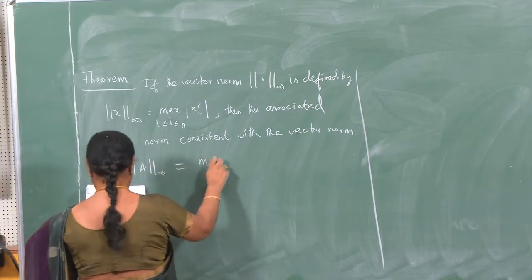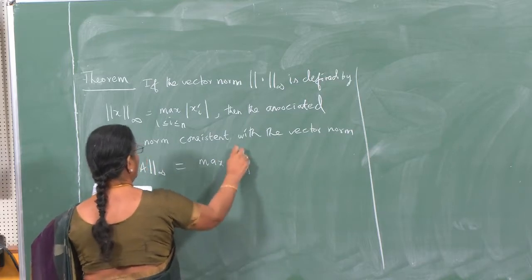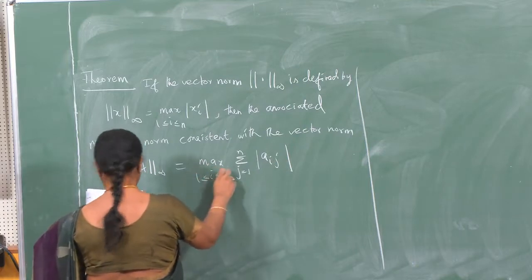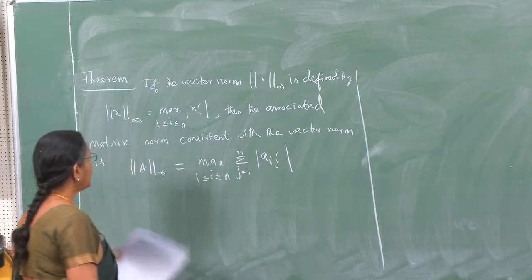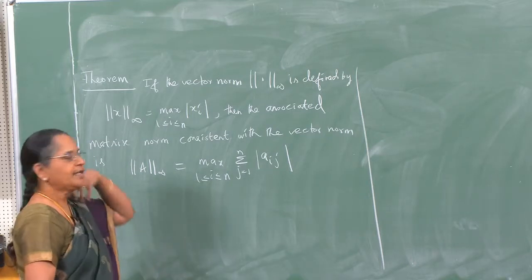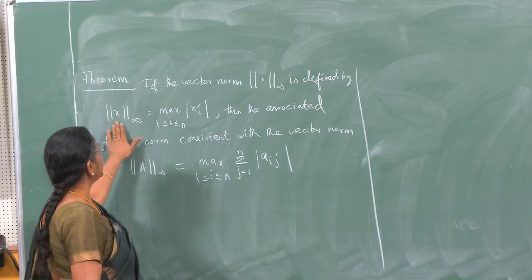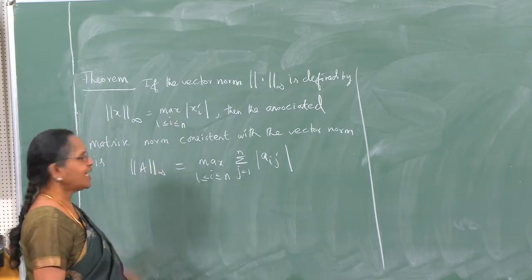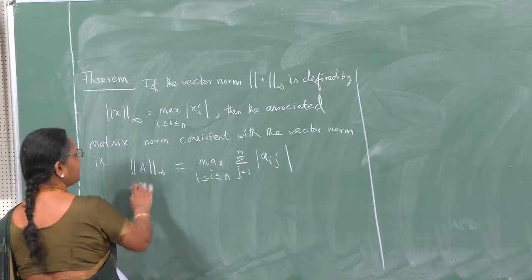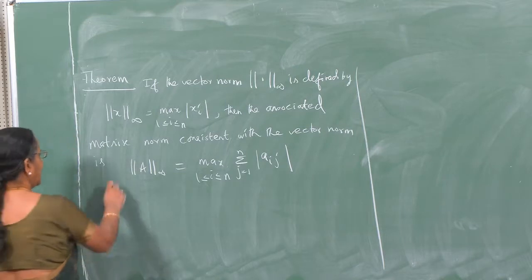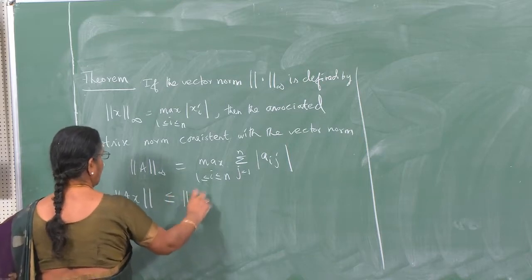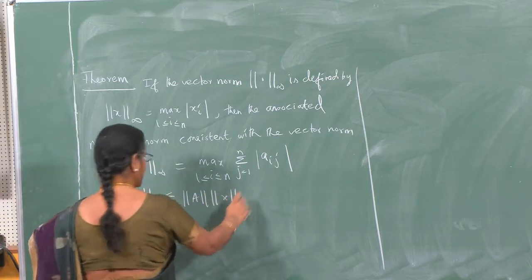So, it is the maximum over i between 1 and n of the sum over j equal to 1 to n of modulus of a_ij. So, it is the maximum absolute row sum norm. So, if you use the vector norm as infinity norm, then the associated matrix norm consistent with the vector norm is the maximum absolute row sum norm, and in this case norm Ax will be less than or equal to norm A into norm x.